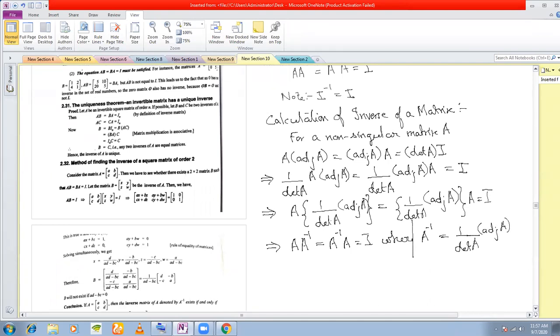This is what we are going to use to find the inverse. So remember, the inverse of A is 1 by the determinant value of A into the adjoint of A.